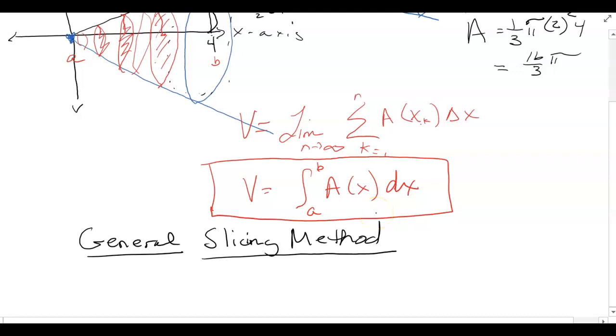So this becomes what we call our general slicing method, and we use this to get the volume of a solid. So again, we have A of x, and it represents a cross section, the area of that cross section.